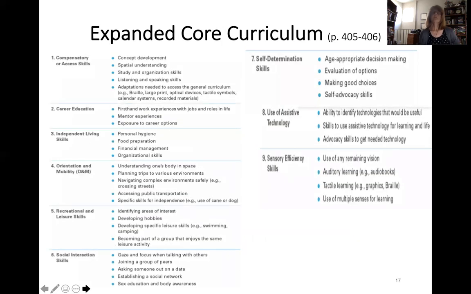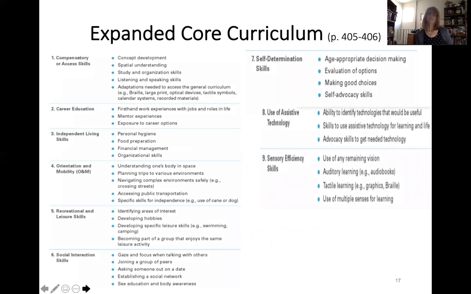So when you talk about an expanded core curriculum, if you look at the different types of skills involved, it's about career, it's about using assistive technology, it's about what kind of sensory skills do they have. In other words, if they have any remaining vision in their eyes.